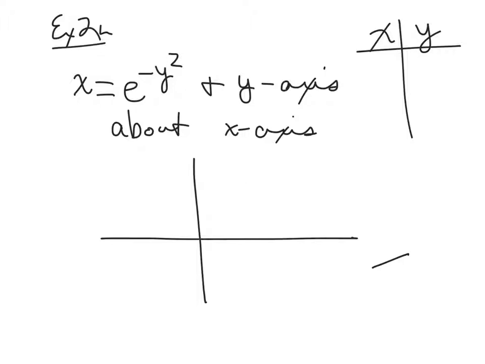So maybe we could put 0 in for y. It might be a good one because then 0 squared would be 0. E to the negative 0 would be e to the 0. E to the 0 is equal to 1. So we know that 1, 0 is on this graph.